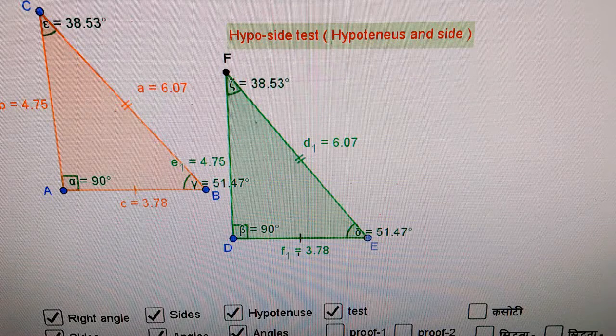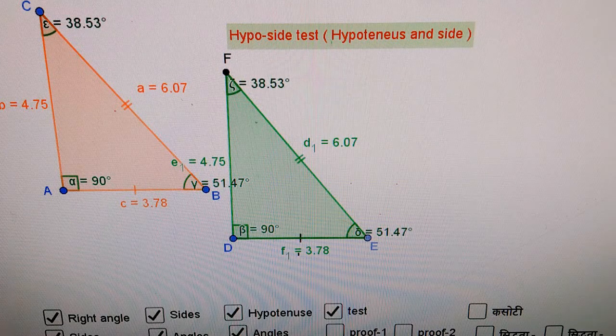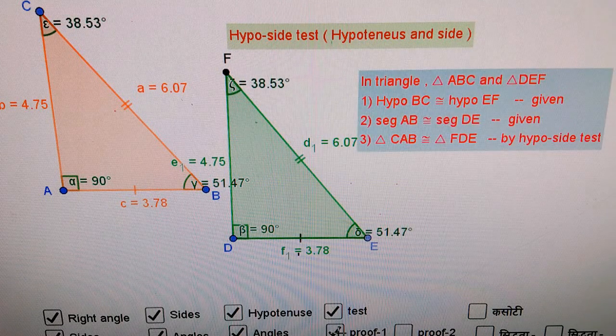Well student, again how to write the proof of this test. Therefore first again take two triangles, triangle ABC and triangle DEF. The information you have been given, start from that. Hypotenuse BC is congruent to hypotenuse EF, its reason is given. Segment AB is congruent to segment DE, and using these two pieces of information you can say that triangle CAB is congruent to triangle FDE by the hypotenuse side test.